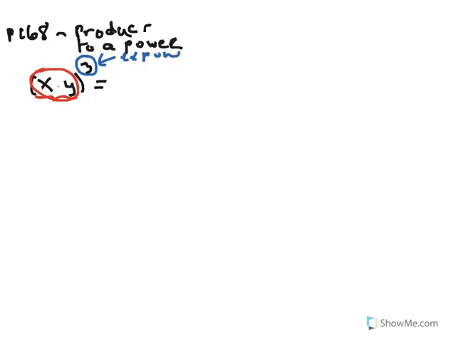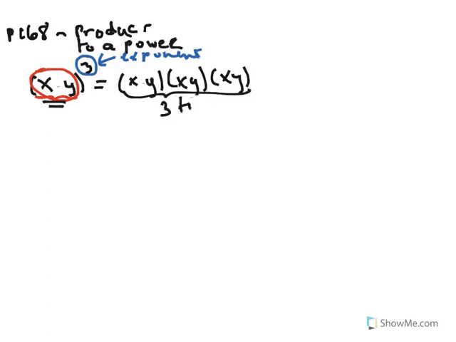So basically an expression such as xy to the third really represents the base xy 3 times: xy times xy times xy. I'm going to write this without parentheses so you can see the factors in a better way.